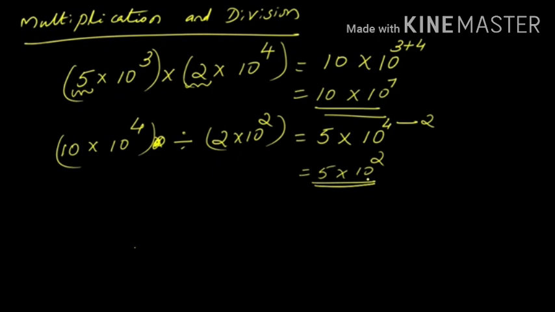So if it is a multiplication, you need to multiply the numbers and add the exponents. If it is a division, again you need to divide the numbers and you have to subtract the exponents. So there we have done multiplication and division using the scientific notation.